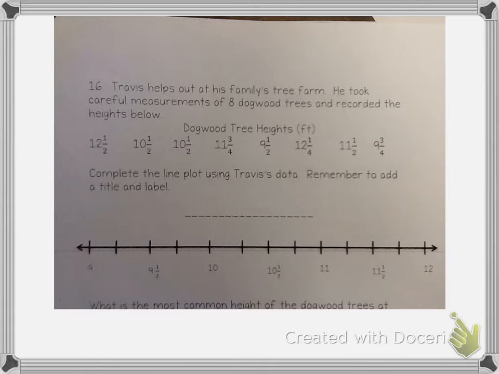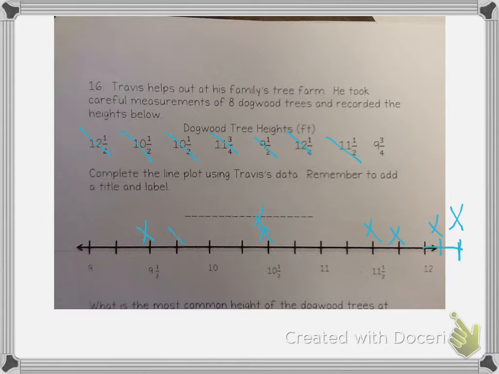We need to make sure we're marking the X's where they belong. So 12 and a half is past this number line right here. 10 and a half right here. 10 and a half right here. 11 and 3/4, since here is 11 and a half. Here is 11 and 3/4. 9 and a half. 12 and 1/4 would be here. 11 and a half.